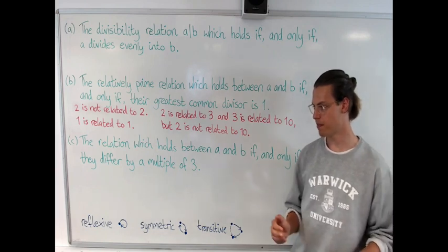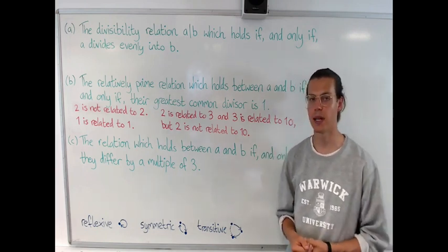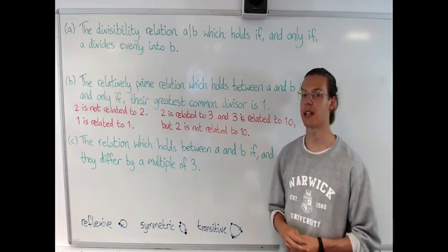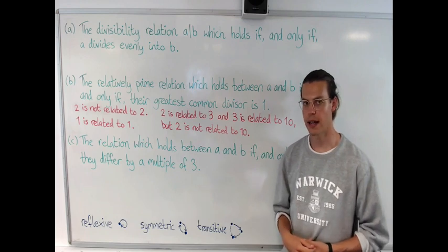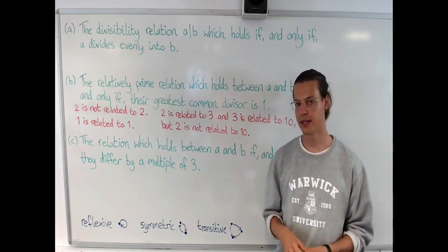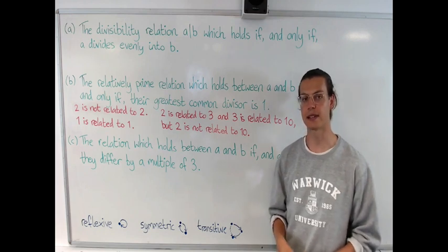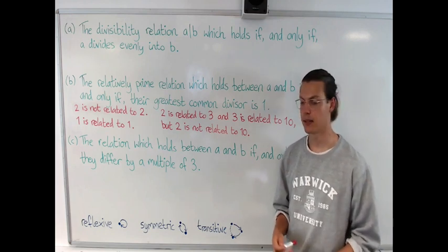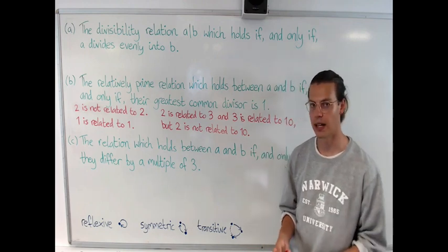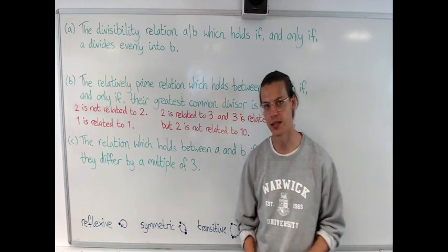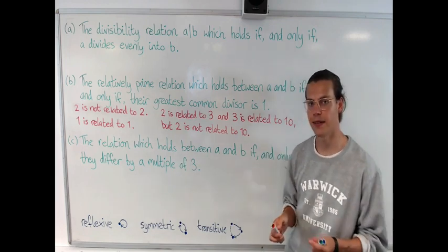Well, the difference between a positive integer and itself is 0, which is a multiple of 3. And so any positive integer is related to itself, and this relation is reflexive. And so it is not irreflexive, since it is not the case that no element is related to itself. So this is reflexive and not irreflexive.